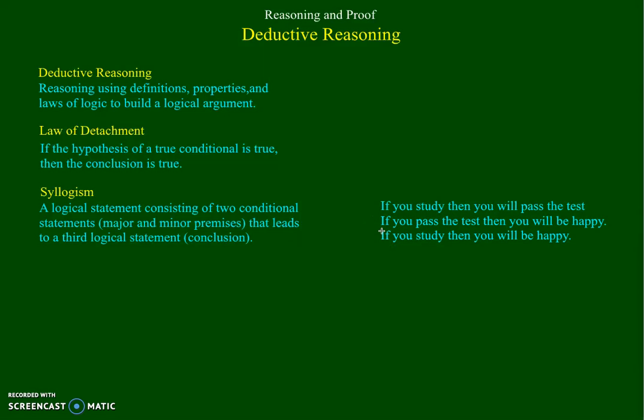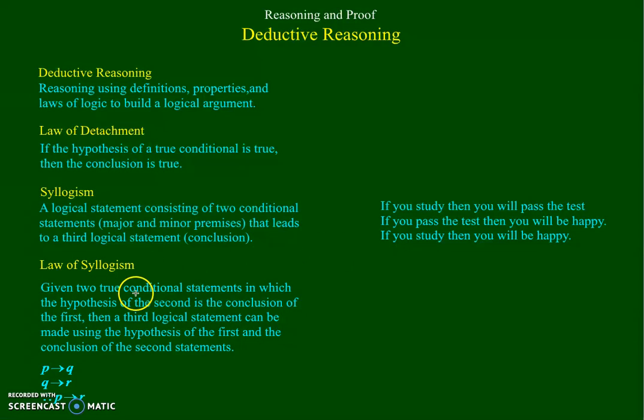Now that brings us to the law of syllogism. And with the law of syllogism, it talks about this order of events. And it says, given two true conditional statements in which the hypothesis of the second is the conclusion of the first, then a third logical statement can be made using the hypothesis of the first.